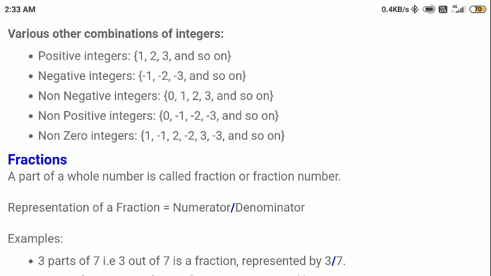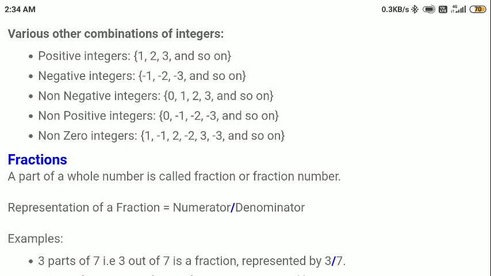Similarly, we'll say non-negative integers. Here we will include all the whole numbers. So non-negative integers are nothing but the set of whole numbers, where we have all the positive natural numbers as well as 0, making them whole numbers. In the next example, we can say non-positive integers.